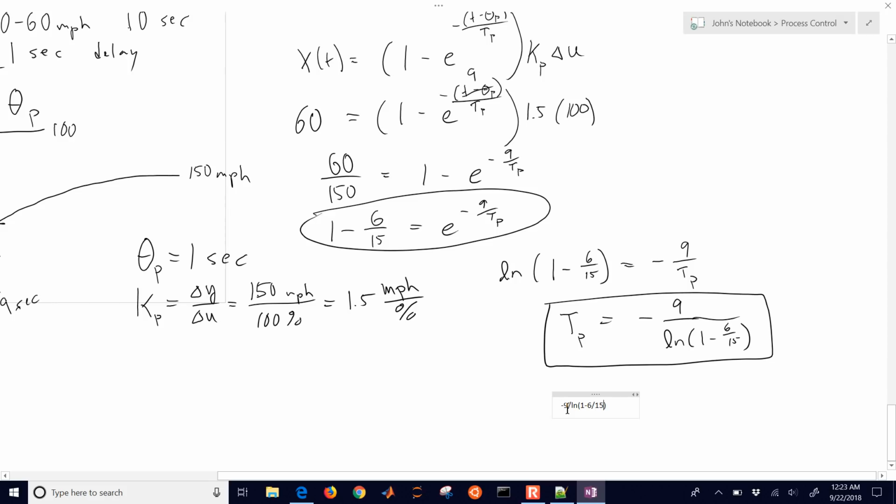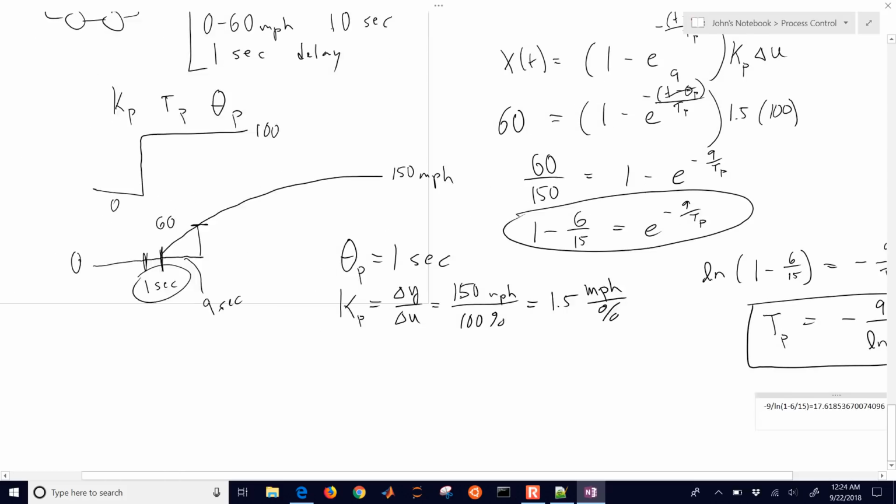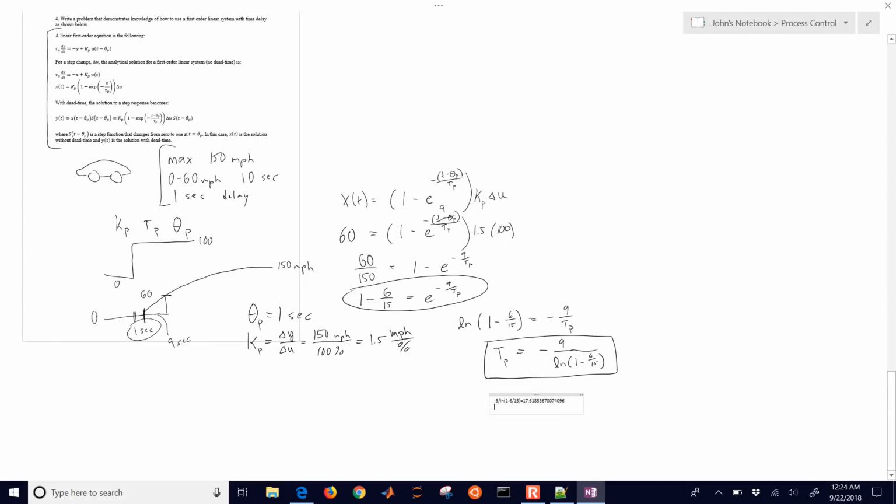Let me see if it'll do this for me. There it is. So we've got a time constant of 17.62. So that's how long it would take to get 63% of the way to 150 miles per hour. Okay, so that was just a problem that we came up with that demonstrates the use of those equations.